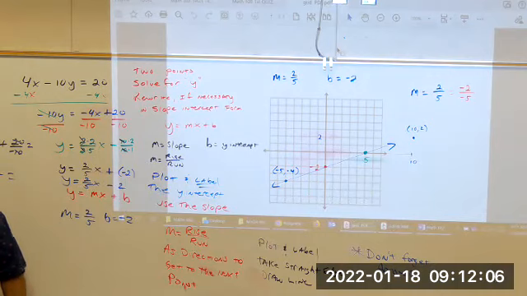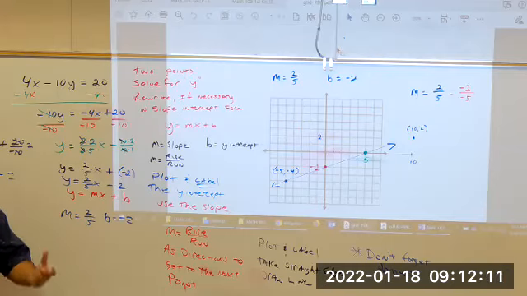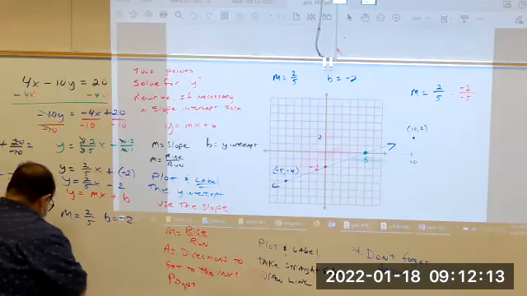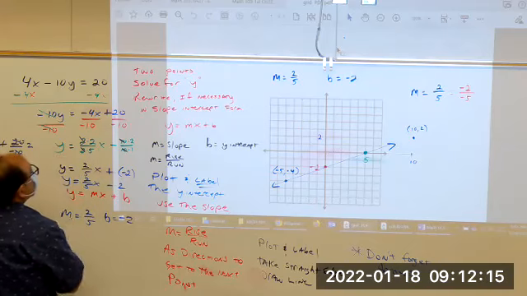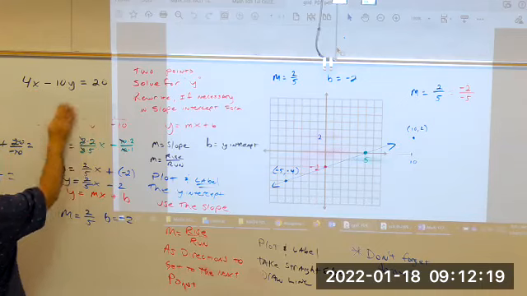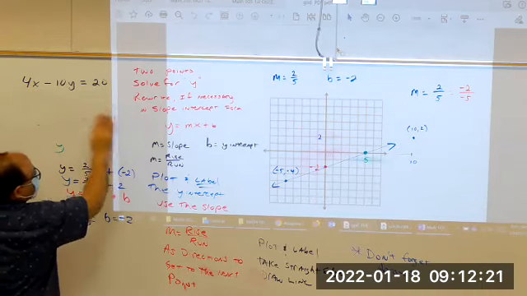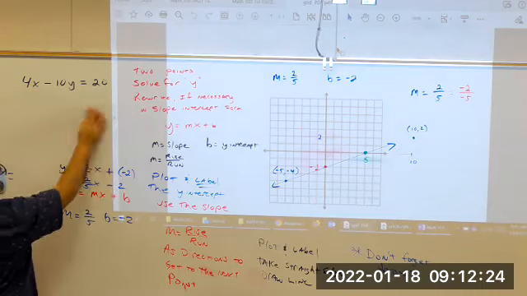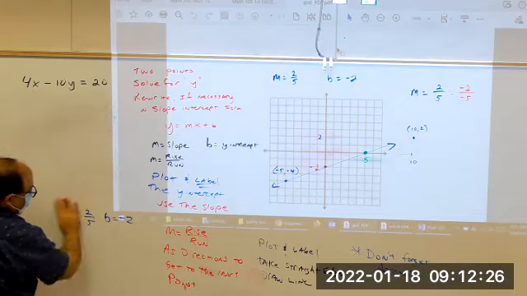Now here's the deal. What do all these ordered pairs represent? Well, look at where they came from. They came from this equation. They came out of this problem right here.